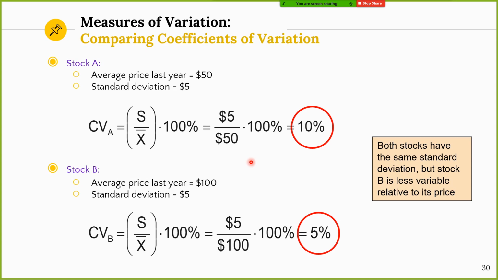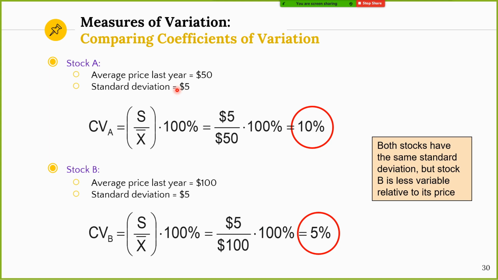So this is one of the examples. In this case, we have the same standard deviation. For example, we have stock A and stock B. The average price last year is $50, and we have a standard deviation of 5. So the price is quite moving.